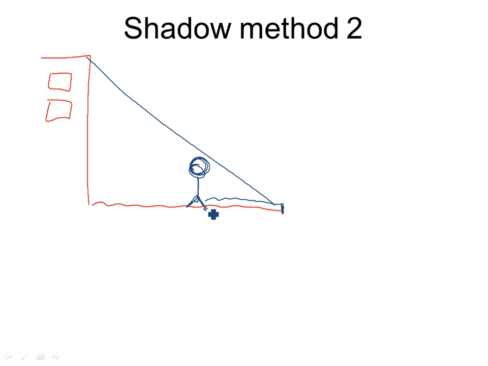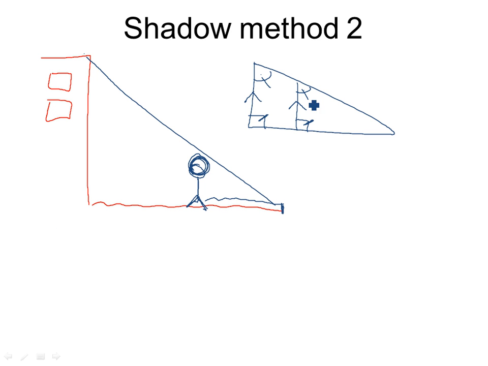So we have the person standing there, and we have this picture that looks like this that we dealt with in the past, where hopefully the building and the person are parallel to each other because they both form 90-degree angles with the ground. That means those two angles have to be congruent. And we also know that these two are congruent because they are corresponding angles with the parallel lines, and also that's the angle that the sun's hitting both the building and the person. And then you have two triangles there.